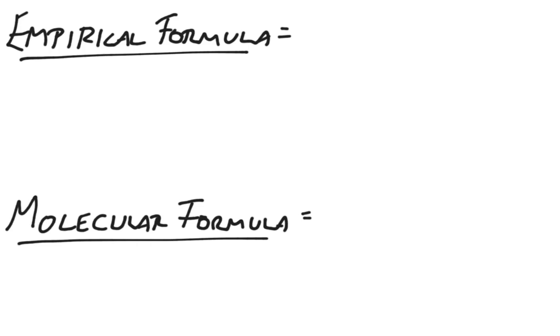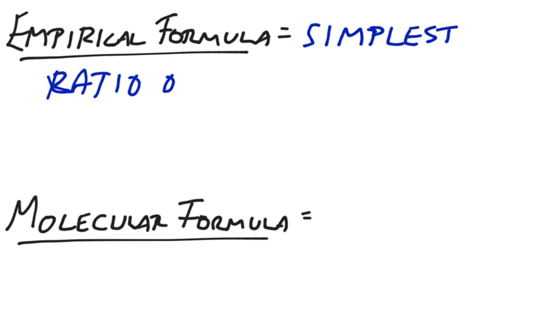The empirical formula is the simplest whole number ratio of elements in a compound.